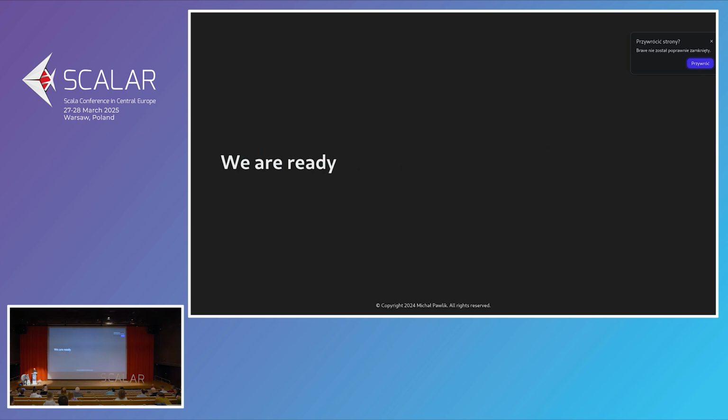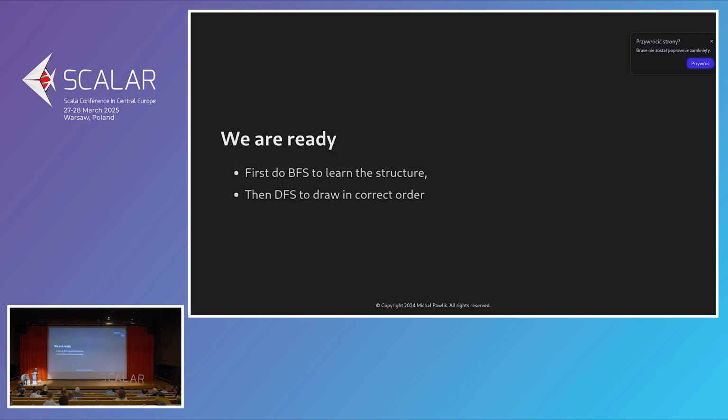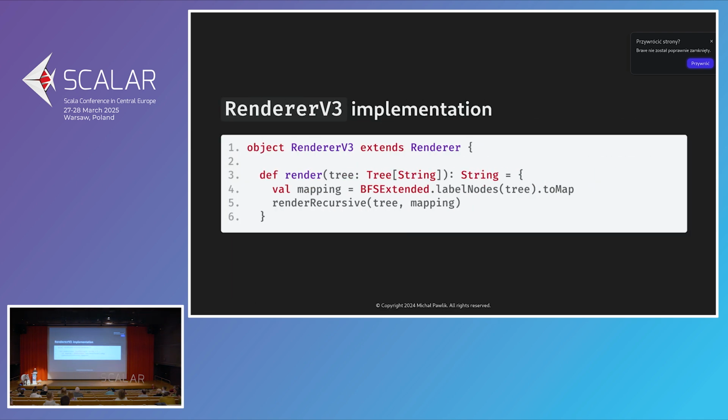And I guess we're ready to finally draw any tree. First we're going to run the BFS to get the labeling, then we're going to run the depth first search to actually do some drawing. How does the final result look? Very simple.